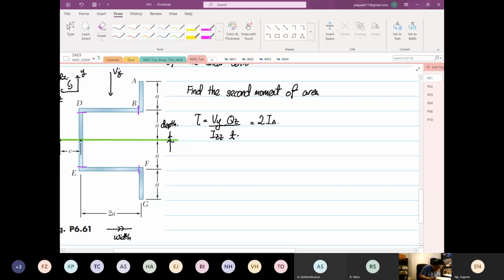IAB. Why twice IAB? I'm going to write a footnote here. Note that IAB is equal to IFG, right? They have the same width, the same depth, and the same position relative to the centroid.